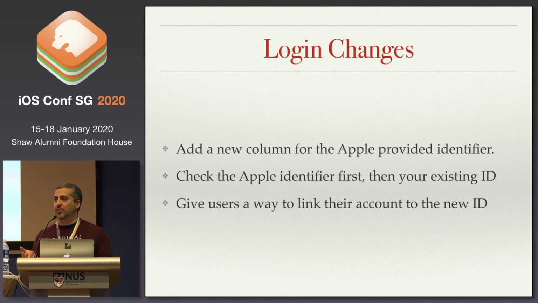And if you're already using something like sign in with Google or sign in with Facebook, you've probably done the similar thing. I'd assume you're not stuffing all your different types of IDs in one column. You've got a column for each type. And then, again, depending on your business logic, when you try and authenticate, you're going to look in that Apple ID column first. If you match, there's your user. If not, now you might fall back to email or something else to find out which person has authenticated.